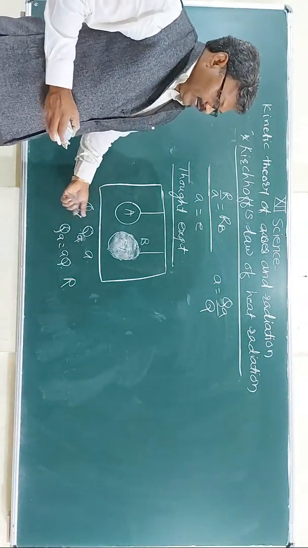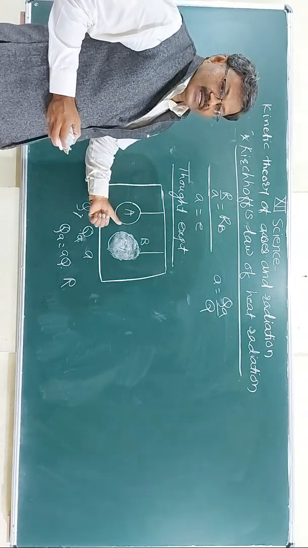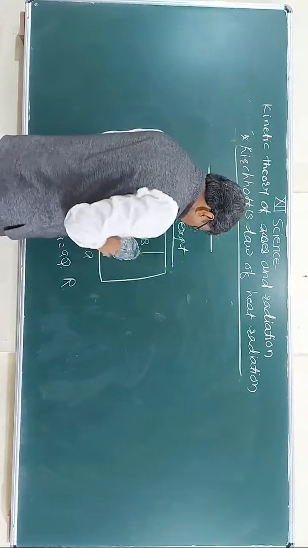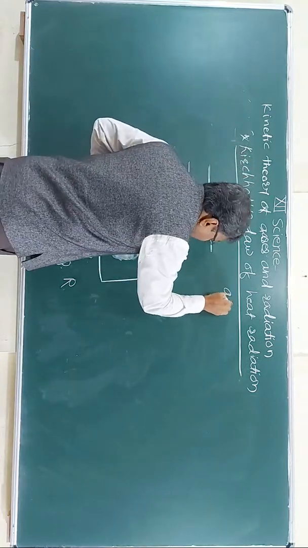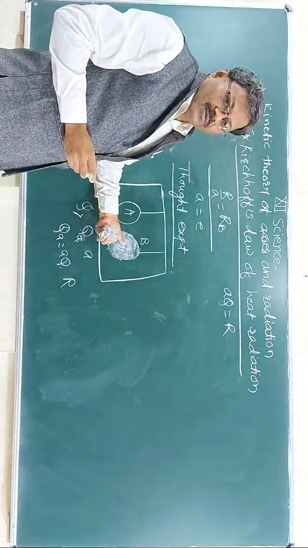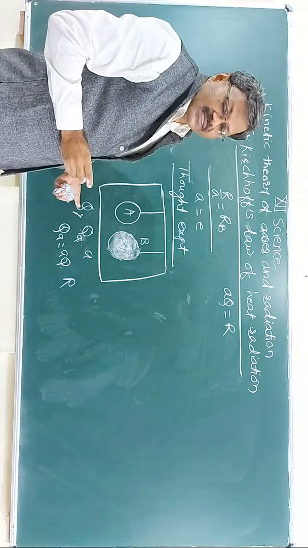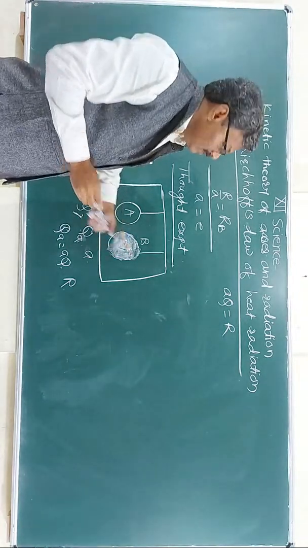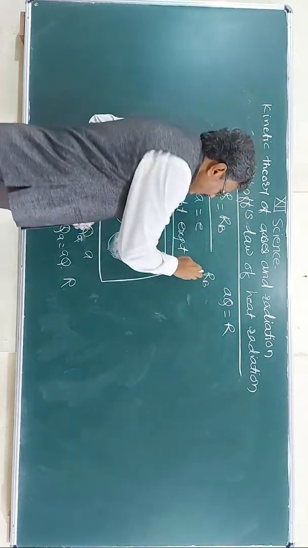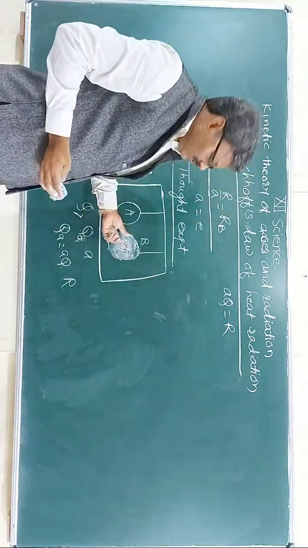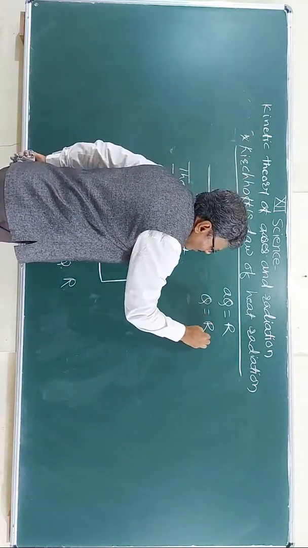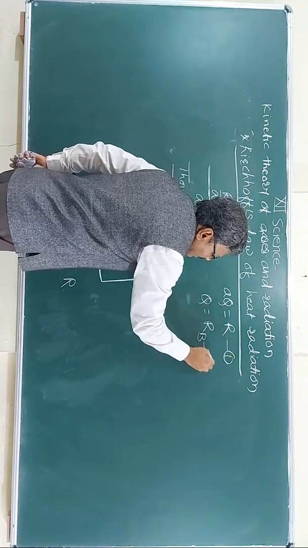Therefore, AQ is equal to R. Now, the energy incident on body B is also Q, and the rate of emission of the black body is RB. The energy absorbed is emitted, so Q is equal to RB. This is equation 1 and this is equation 2.